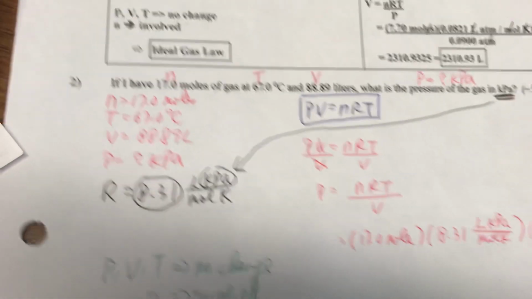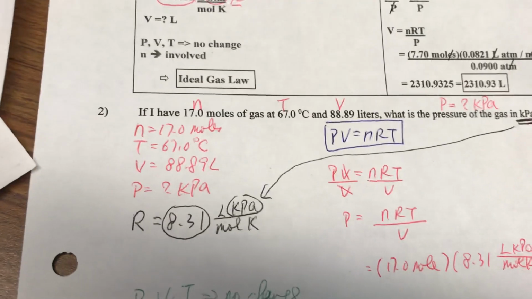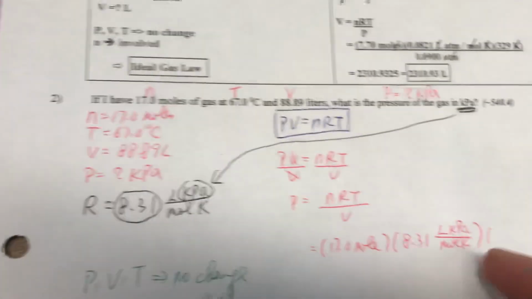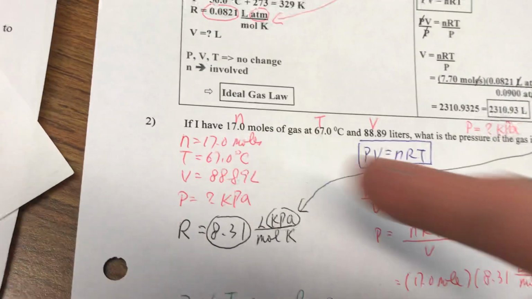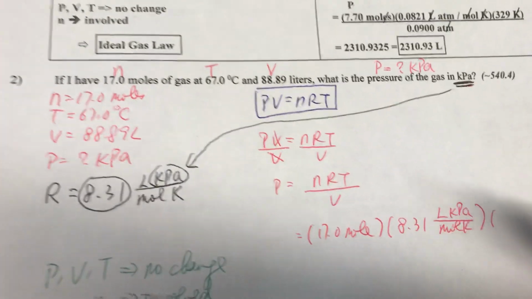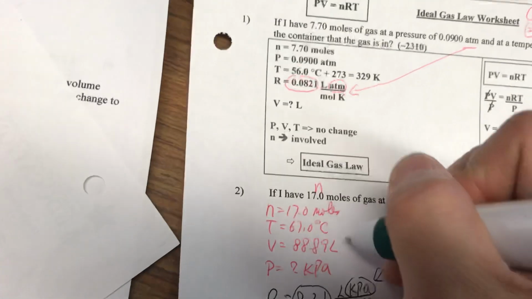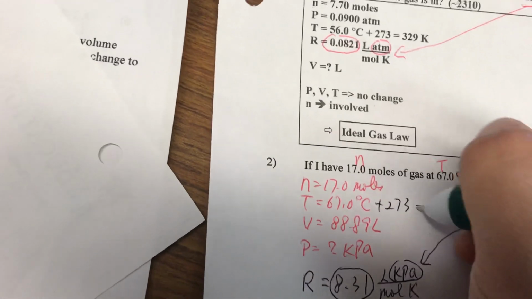So you realize that, oh, actually, I forgot to add the 273. If you did not check the unit cancellation, you probably just put the 67 there and do it randomly, and you did not get the answer. So I need to add 273 here to get 340 K.